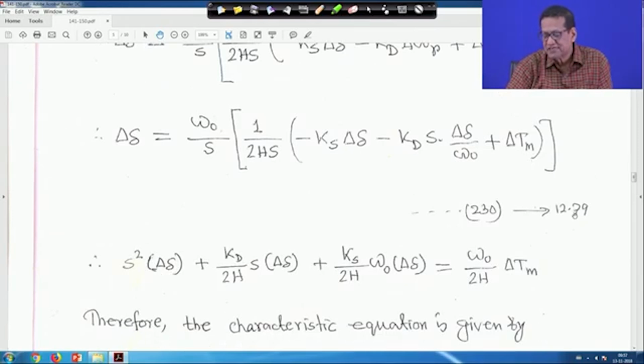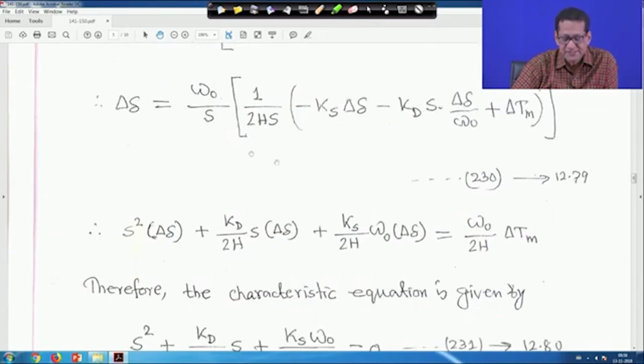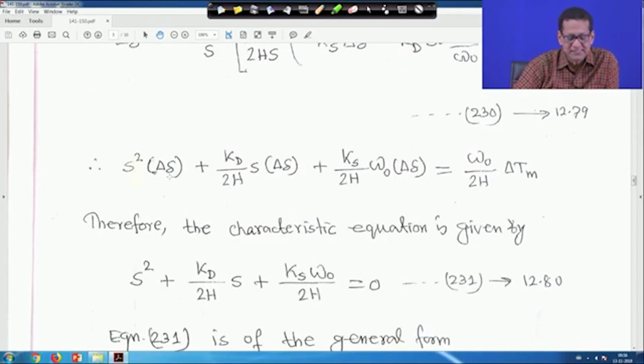The right hand side, whatever is written, is for my own reference. Now if you simplify this, cross multiply and simplify, it will come like this: s square delta delta plus K d upon 2 H s into delta delta plus K s omega 0 upon 2 H delta delta is equal to omega 0 upon 2 H delta T m.